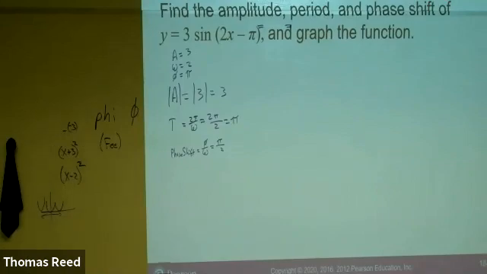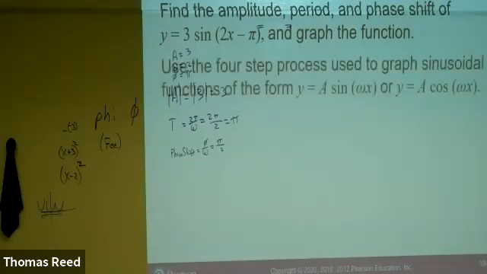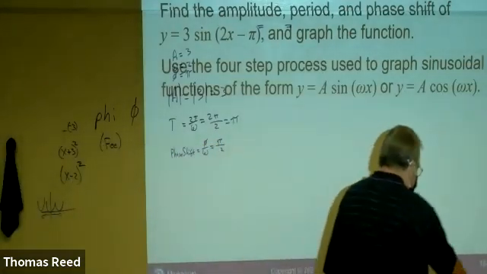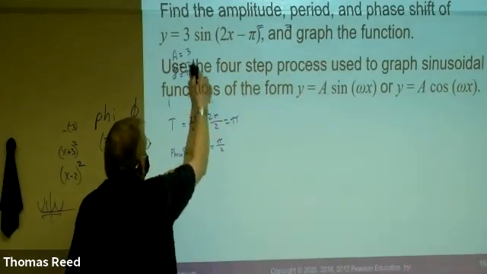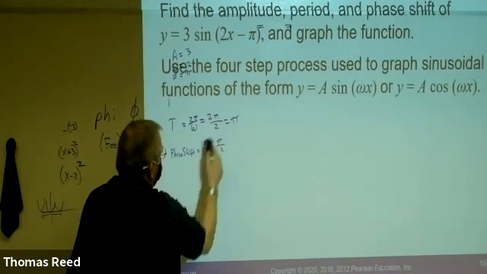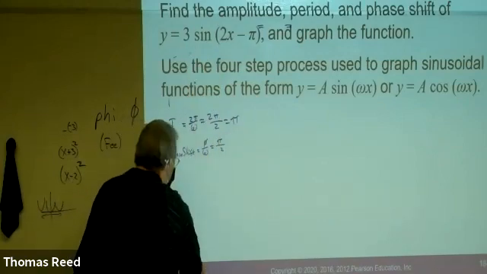Hang on a second here. Okay. So we're going to use a 4-step process here. Oh, I see what they do. This is good. So the next thing they do here really helps things out as far as these 3 things and these 2 are concerned.